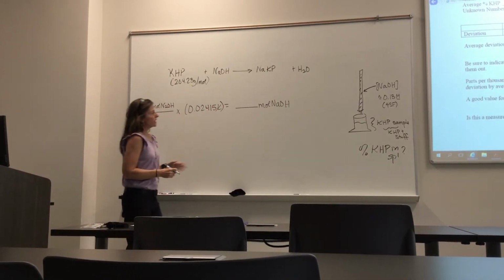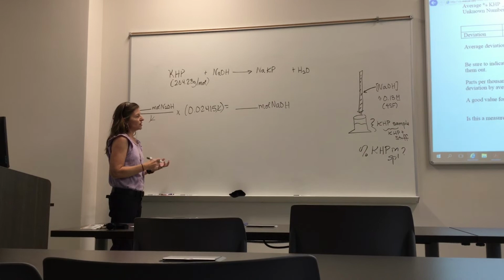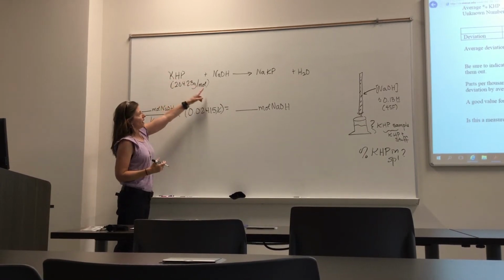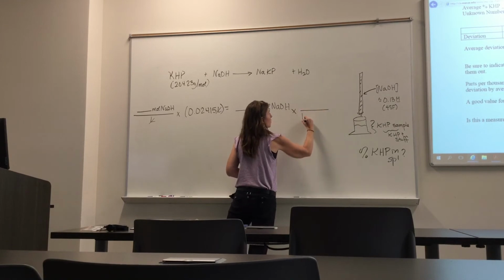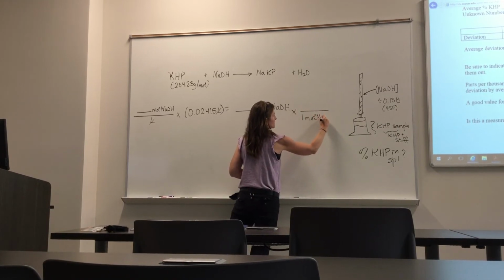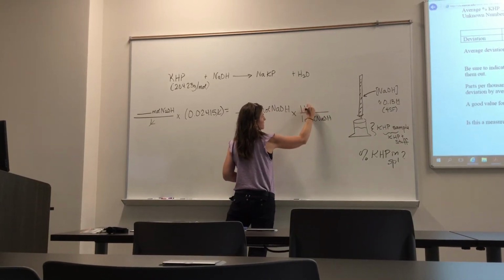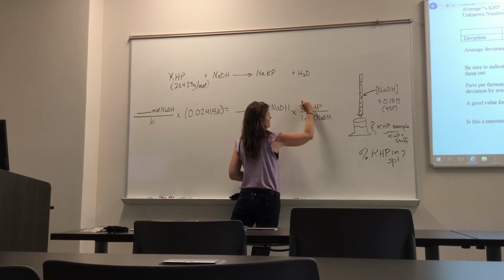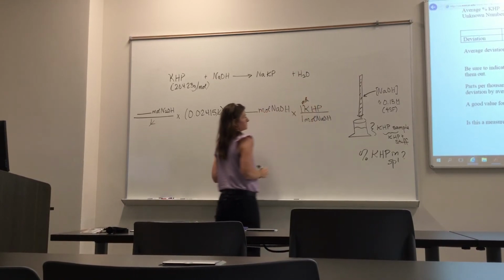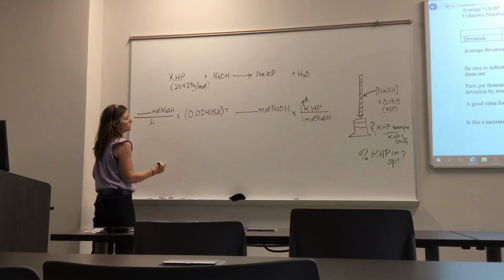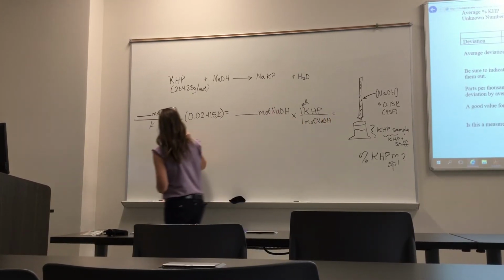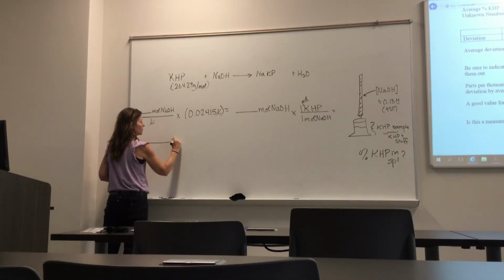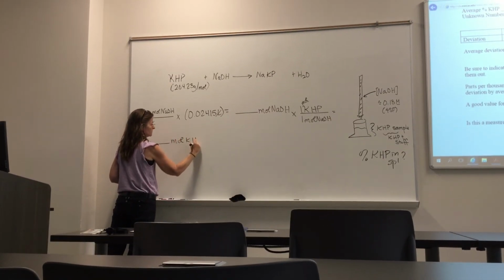Well, the only other relationship I have between sodium hydroxide and KHP is my balanced equation, which tells me for every 1 mole of sodium hydroxide, I end up consuming 1 mole of KHP. So lo and behold, when we end with this answer, I'm going to bring it back over here, I'm going to end with moles of KHP.